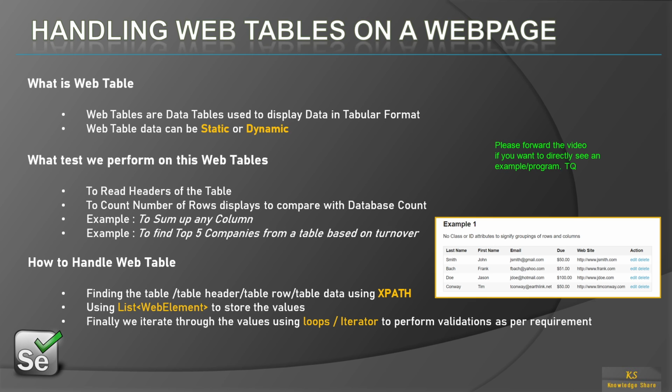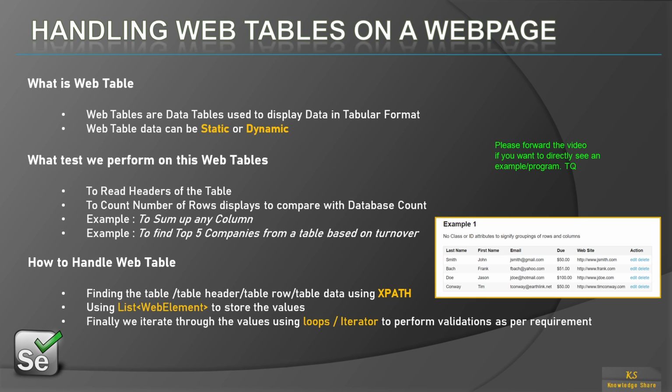Once you capture the XPath, the other thing you have to use is a list of web elements to store those elements. Then you will iterate using loops or an iterator and do some operations like counting the number of columns, counting the number of rows, and getting the sum of amounts in a particular column, all those things.